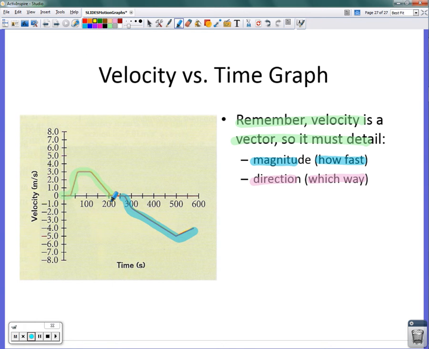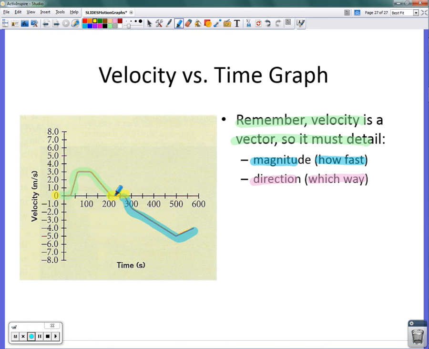Interesting point here. During that little section right there, we have a horizontal graph, meaning that on this velocity graph, there's no acceleration. But in this spot in particular, because that horizontal section is on the x-axis, the x-axis represents zero velocity.